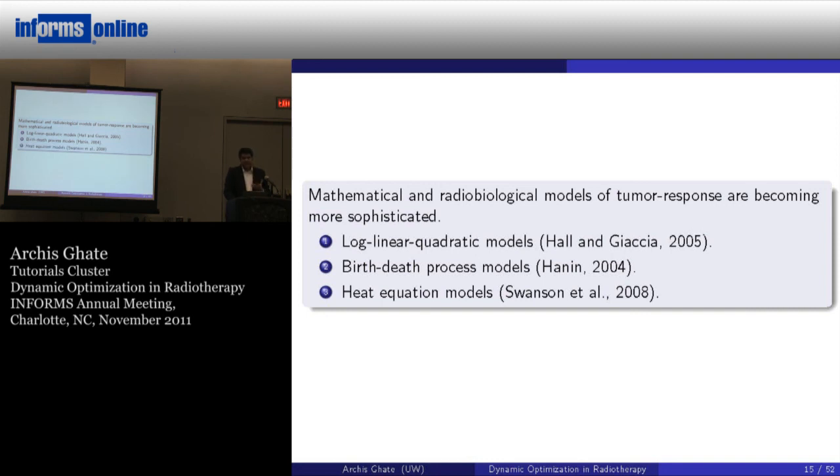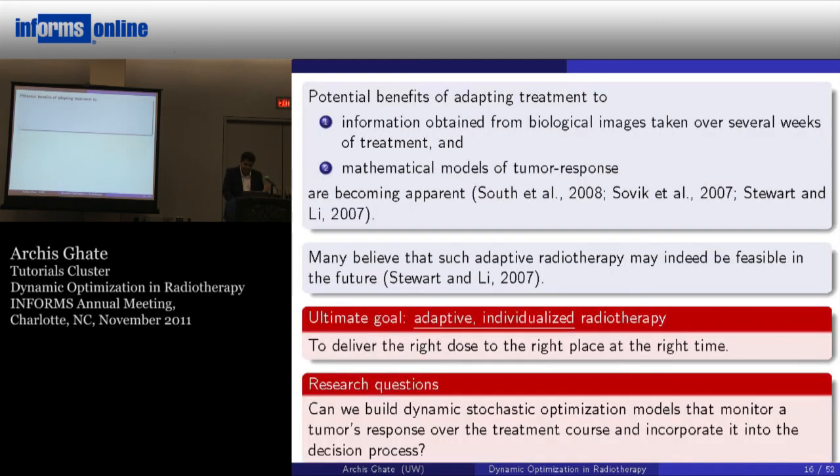There are also heat equation types of models. Julie Swanson is at the University of Washington and works on this. Basically that is a diffusion equation which describes how the tumor will grow in the patient's body, so it's a different partial differential equation. Those kinds of models are also becoming available.